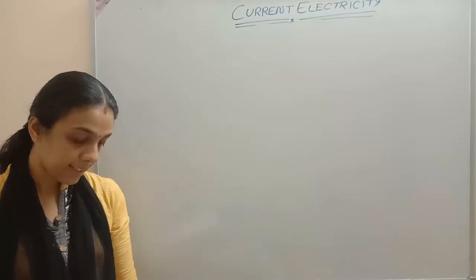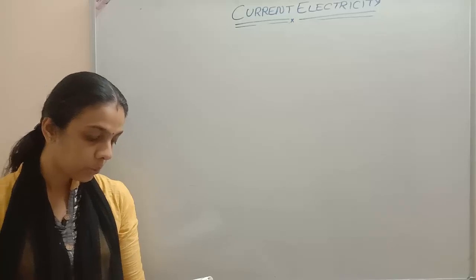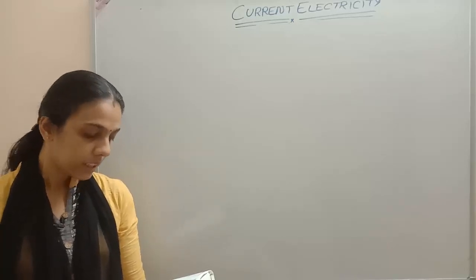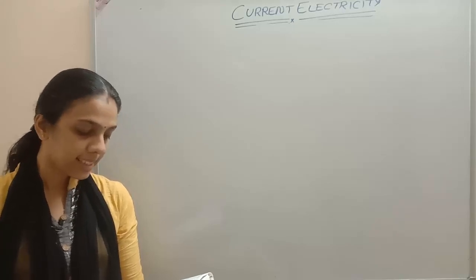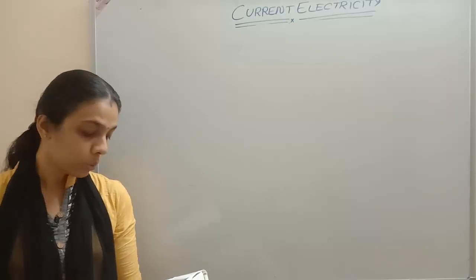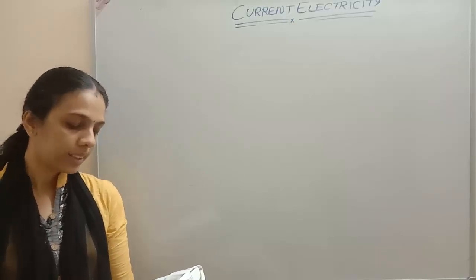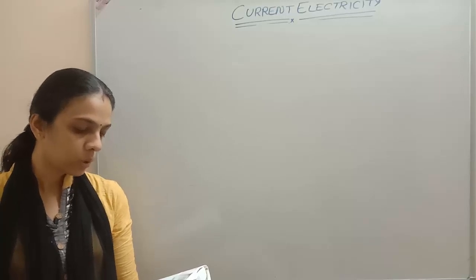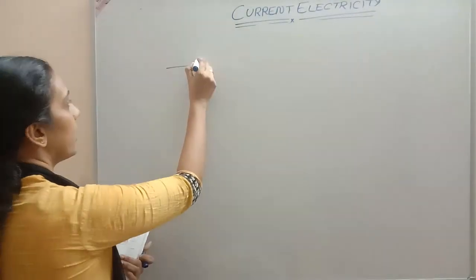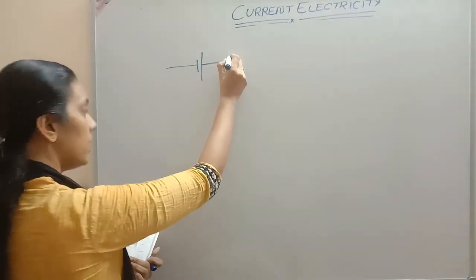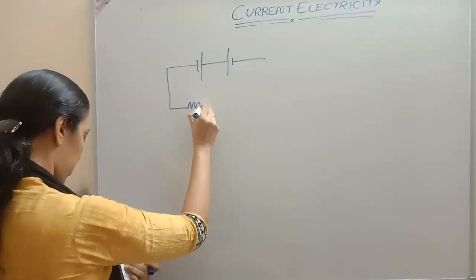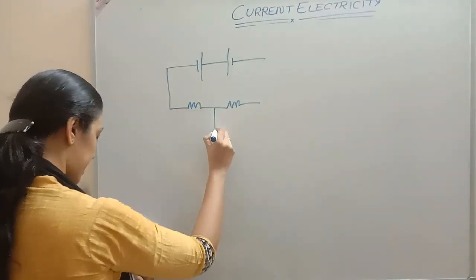Two cells E1 and E2 in the circuit shown in the figure have EMFs of 5 volt and 9 volt and internal resistances of 0.3 ohm and 1.2 ohm respectively. Calculate the value of current flowing through the resistance of 3 ohm. The diagram is given like so: this is negative, positive, and this is positive, negative, and here it is 4.5, and this is a parallel connection.